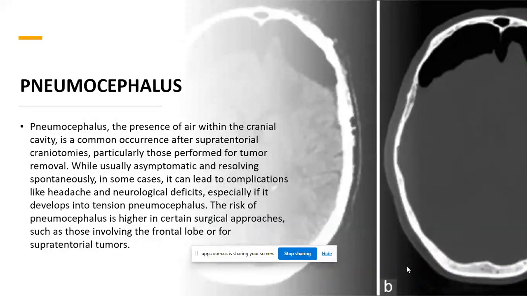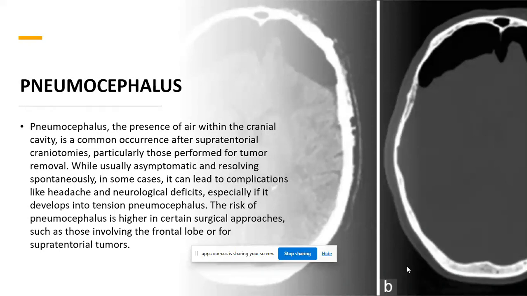As we are talking about supratentorial tumor surgeries, pneumocephalus is one of the major concerns for the anesthesiologist as well as for the surgeon, because the presence of air within the cranial cavity is a common occurrence after supratentorial craniotomies, particularly those performed for tumor removal.